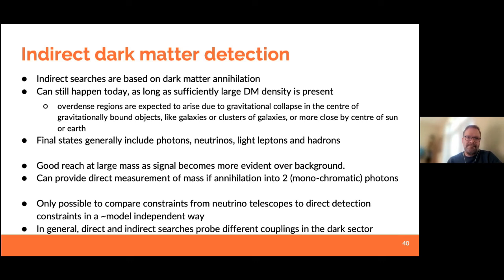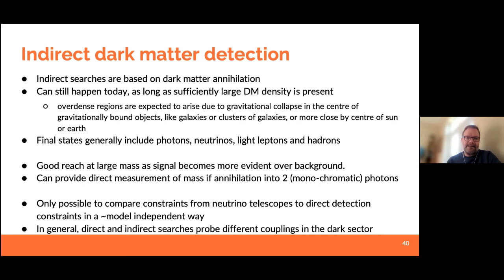So right, you have two dark matter particles annihilating into standard model particles, and these standard model particles then decay, and what you can observe is the end product of those decays. These experiments generally have good reach at large masses, because at that point it becomes easier to distinguish a signal from other astrophysical backgrounds.